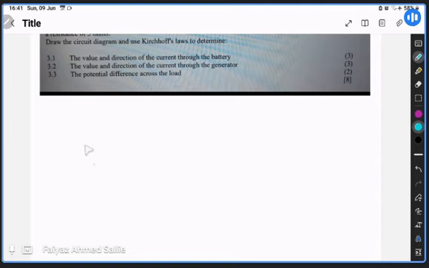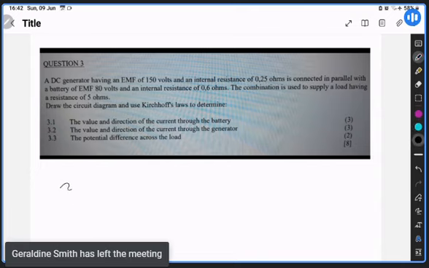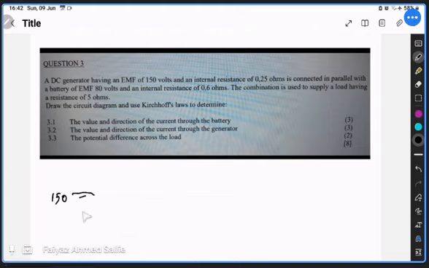So let's draw the diagram. Shouldn't be that difficult. We have a voltage of 150 volts and an internal resistance of 0.25 ohms.